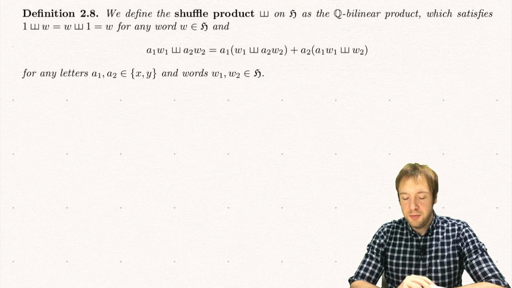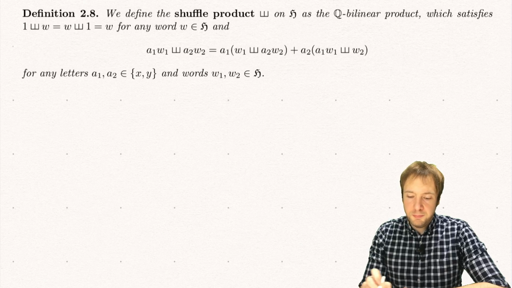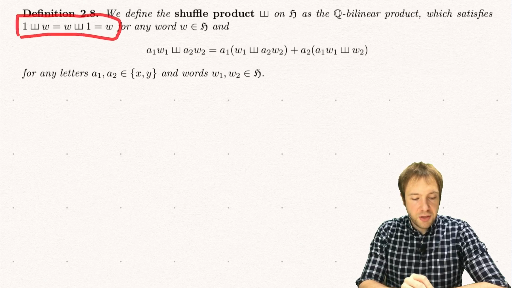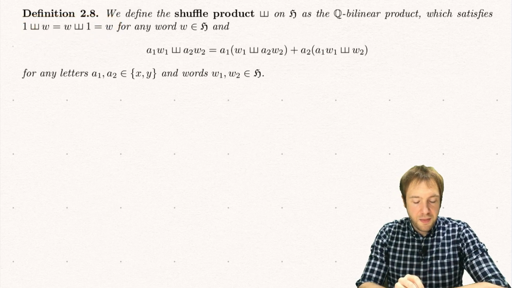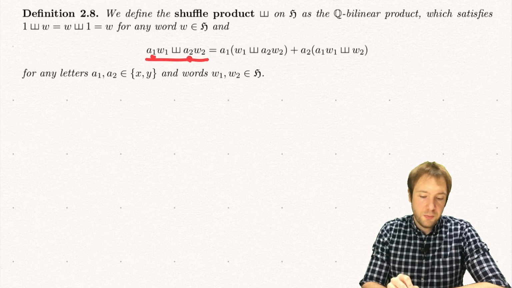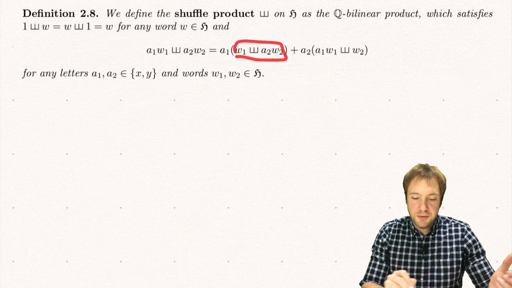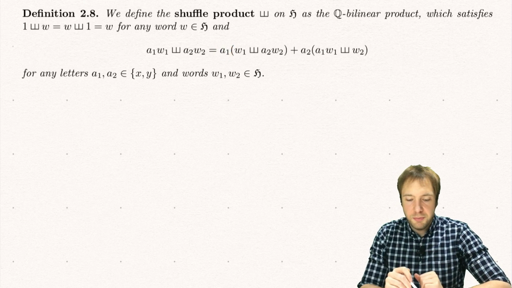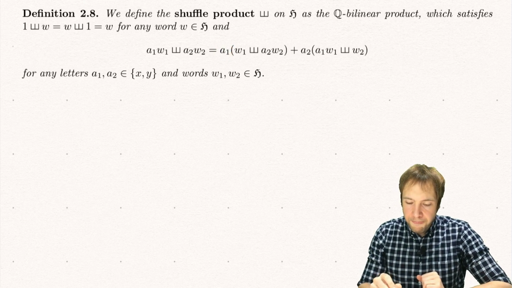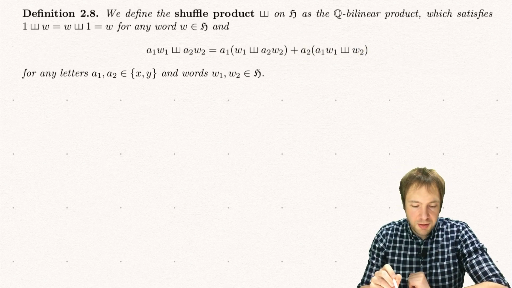And we first define this on the whole space H, and this will be defined recursively as a Q-bilinear product which satisfies that if I shuffle with an empty word, I don't do anything, and if I shuffle two words where the first one starts with the letter A1 and the second one starts with the letter A2, then I define it recursively by removing the first letter A1 and just consider the shuffle of the remaining parts, and in the end put A1 on front again, and the other way is I remove the A2 here, consider the shuffle of the rest, and then in the end put A2 at the beginning again.